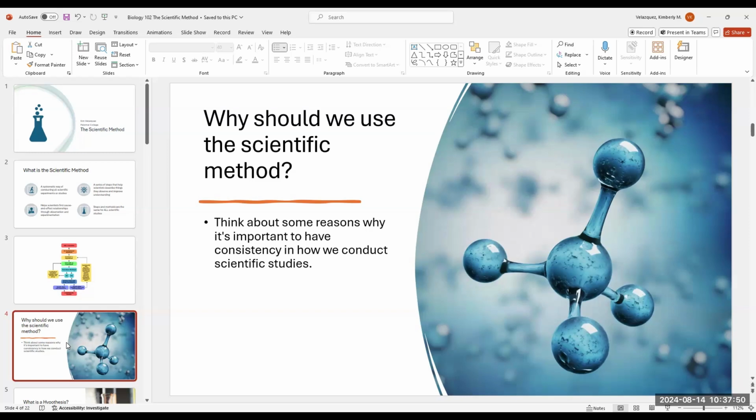And especially during the whole COVID era, all the misinformation that was out there that really had no scientific basis because it wasn't coming from a reputable scientific journal, a published scientific study, using the steps of the scientific method to conduct that research. It was a lot of opinions.